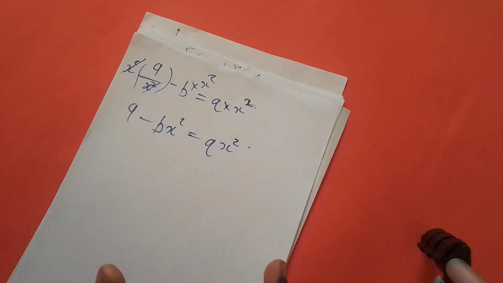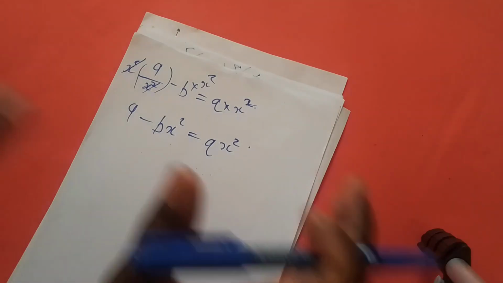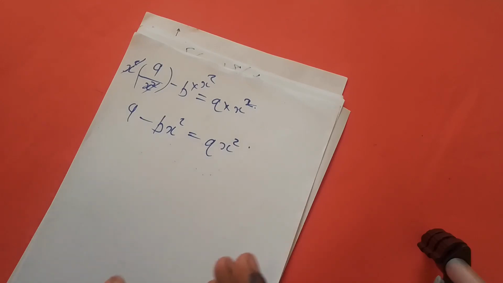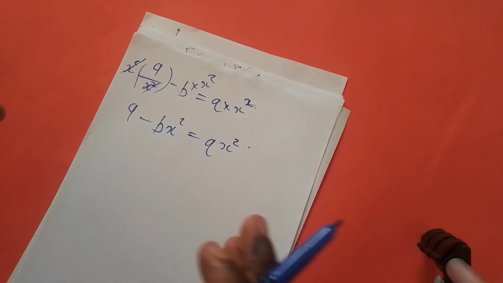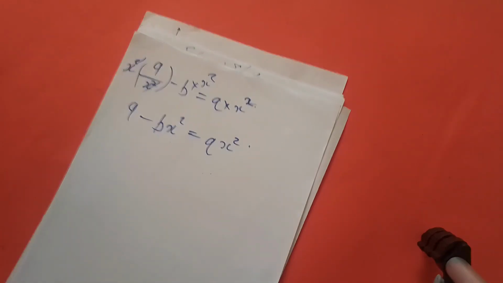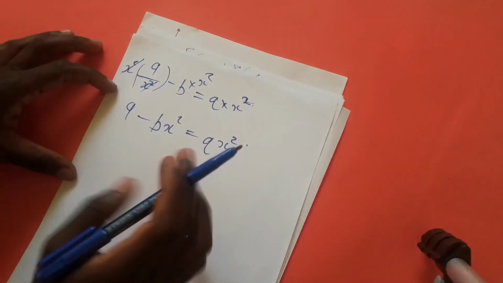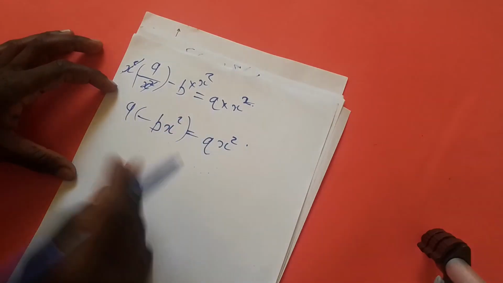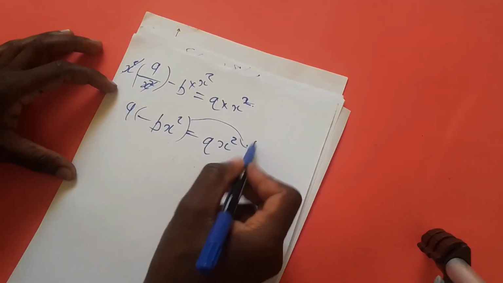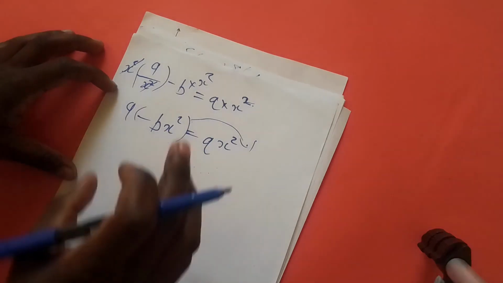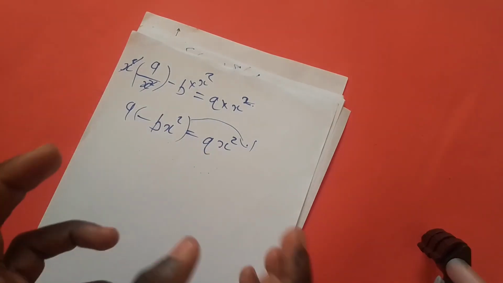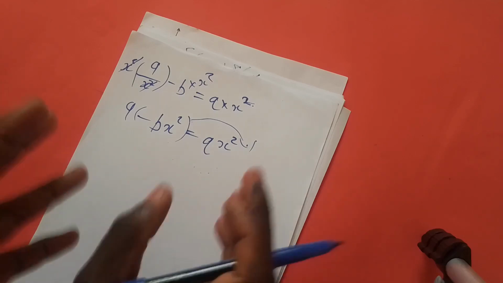So the second step, we're going to want to group like terms, right? Each and every term, including x, I'm going to rearrange it. So doing a little rearrangement, negative bx squared, I'm going to put it across the equation. Whenever a term jumps across an equal sign, it will change its sign.